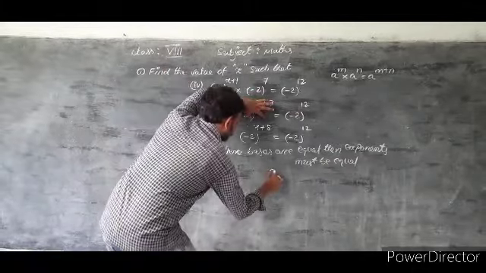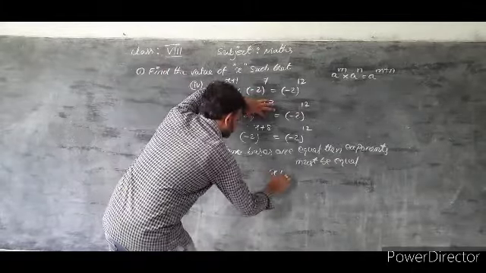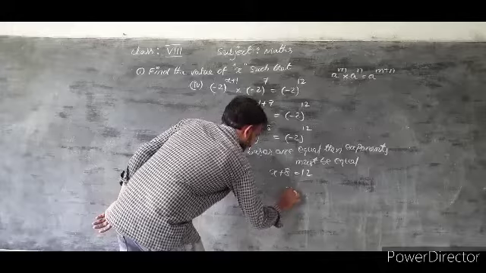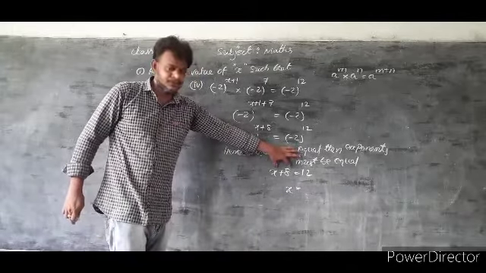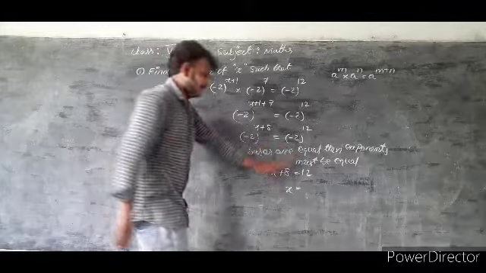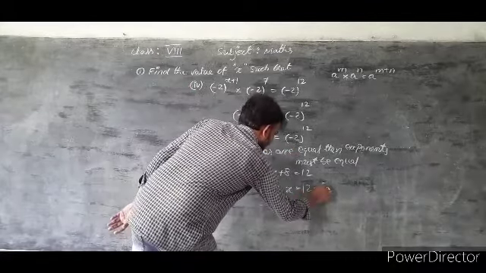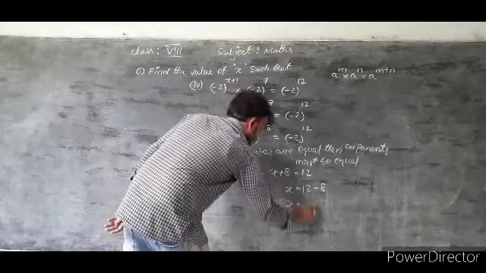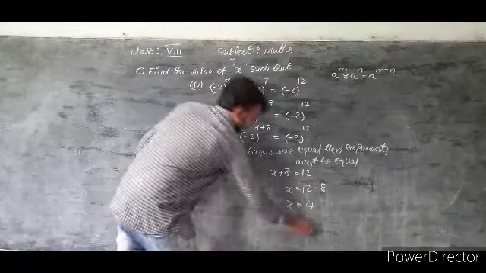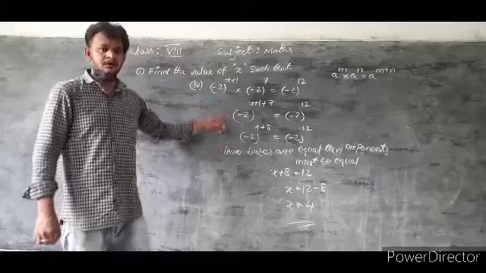So x + 8 = 12. So x = 12 - 8, transposing +8 it becomes -8. So x = 4. So the x value here is 4.